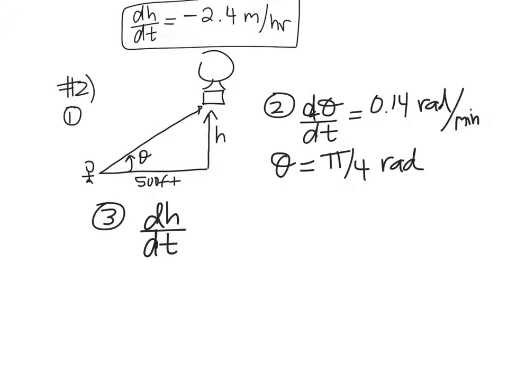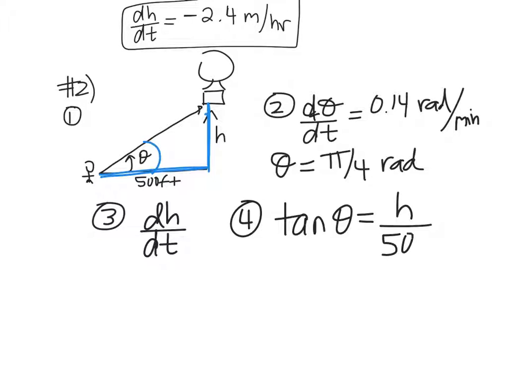Okay, and we need an equation to solve. So what's an equation that relates this angle with its opposite side and the adjacent side? Tangent? Yes, tangent. So, tangent of theta is opposite over adjacent. What? You have to know trig to be in here?